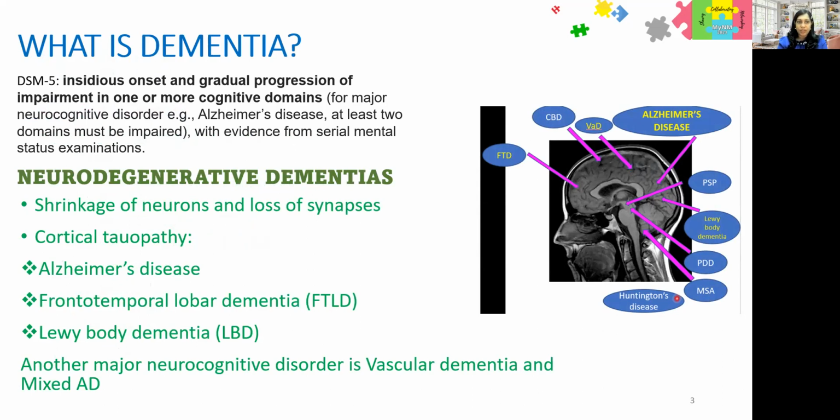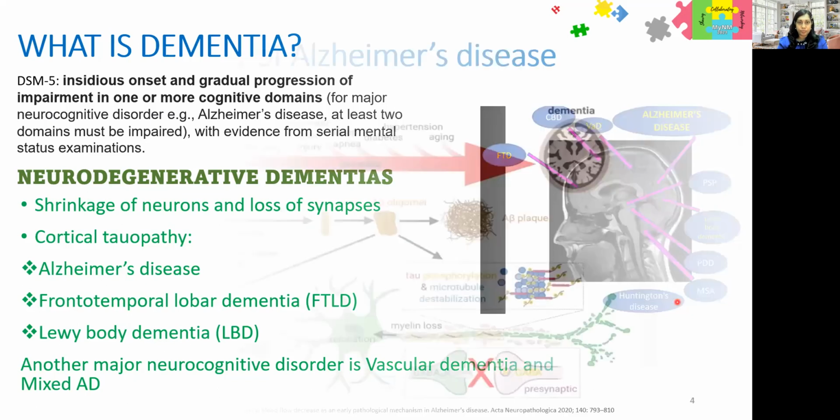Neurodegenerative dementias involve the shrinkage of neurons and loss of synapses. It involves cortical tauopathy. These are diseases such as Alzheimer's disease, frontotemporal lobar dementia, and Lewy body dementia. Another major neurocognitive disorder is vascular dementia and mixed AD.